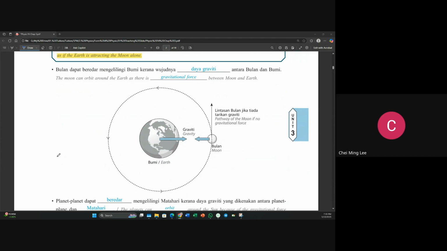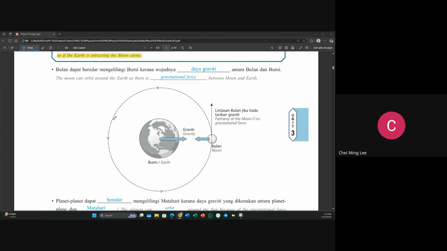All right, now let's see. The moon orbits around the Earth as there is a gravitational force between the moon and Earth. So let's say one day, every nuclear country went wrong. They blast every single nuclear bomb in the world. Because nuclear is a very big TNT, it may create a distortion.